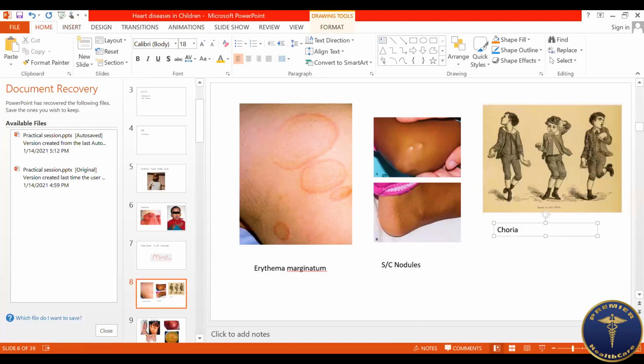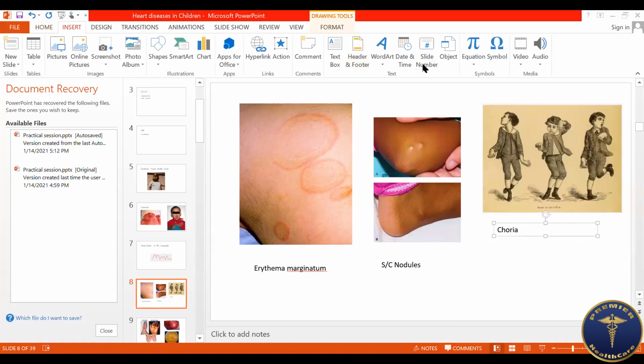Forget about Sydenham's chorea. It's chorea. Chorea are uncontrollable involuntary movements like that. He will be just jittery and fidgety. So if a child presents with chorea, dancing type movements, you might have to think, is it something to do with the heart? Or if a child presents with subcutaneous nodules, you might think whether it is something to do with the heart. And then erythema marginatum.